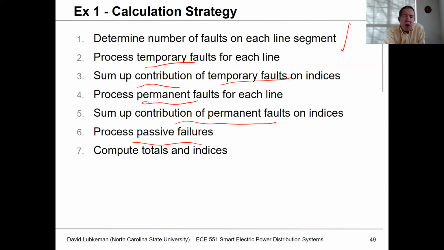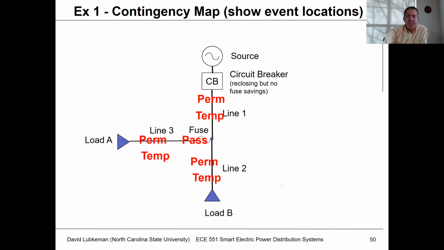And then finally, I'm going to process the passive failures. I've got 3 temporary faults in this case for the 3 line sections. I've got 3 permanent faults for the 3 line sections. I've got 1 passive failure on just 1 line segment. So I've got a total of 7 events that I need to model in this whole process.